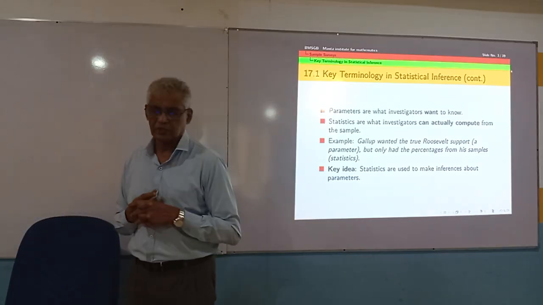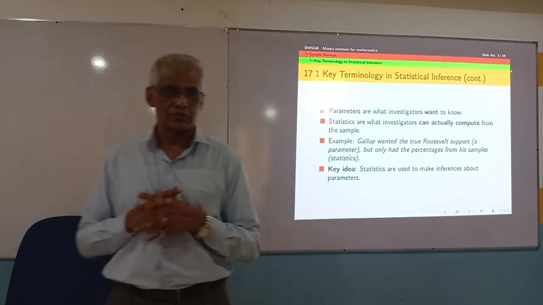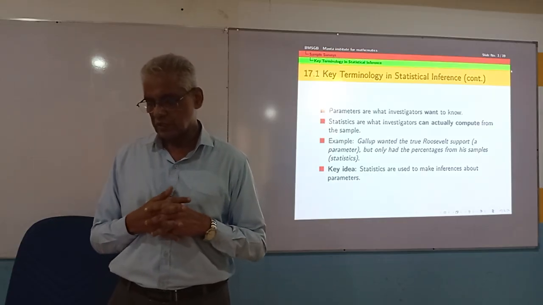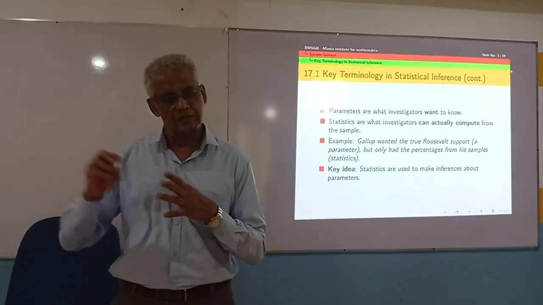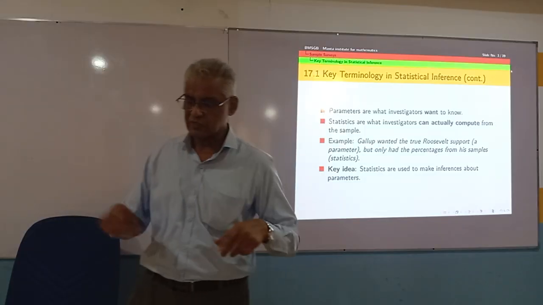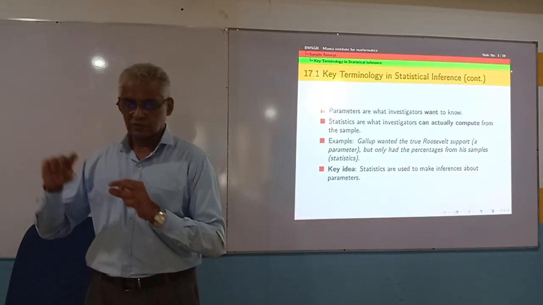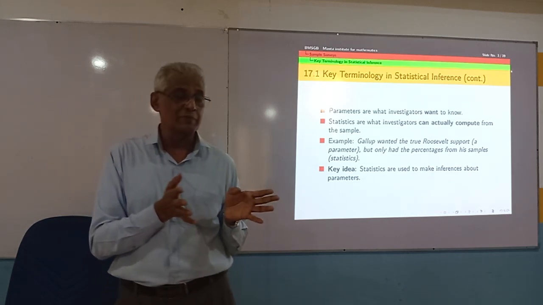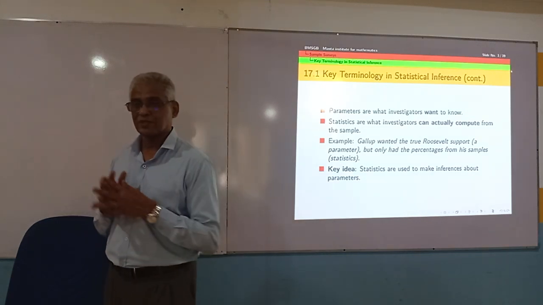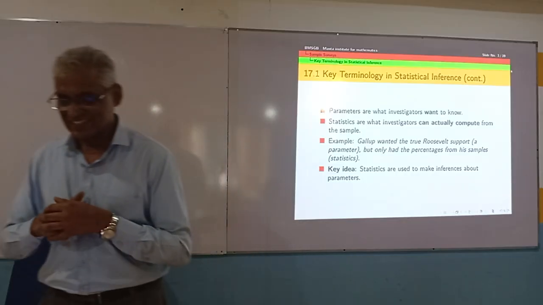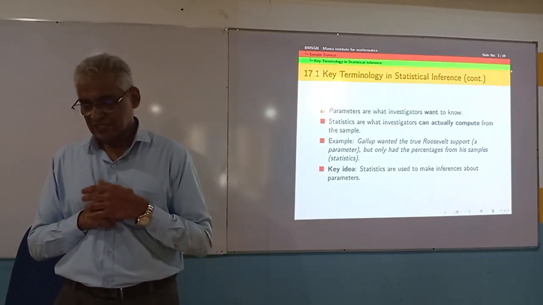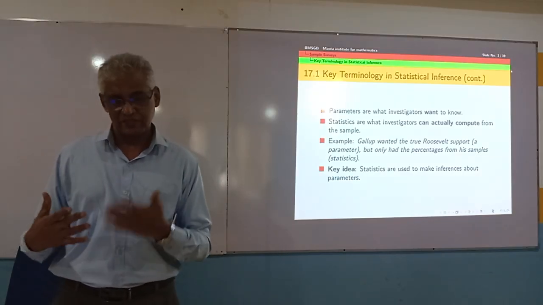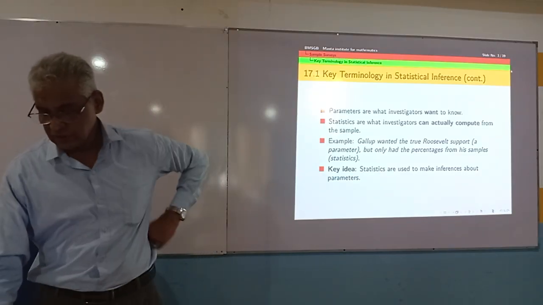But of course, we cannot ask everybody who they are going to vote for. Therefore, they had to collect a sample, and based on that, they got some estimates and then they forecast. We will talk about this particular study in a minute. Two different companies did the study. One made a big mistake, the other got the correct answer. So we will look at what they did and what the problems were. The key idea is that statistics are used to make statistical inference about population parameters.